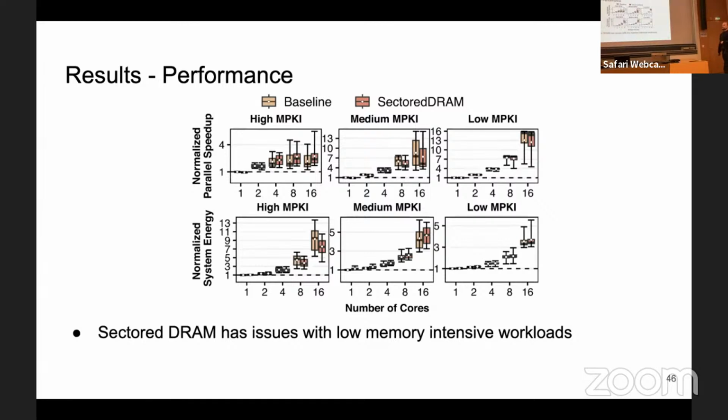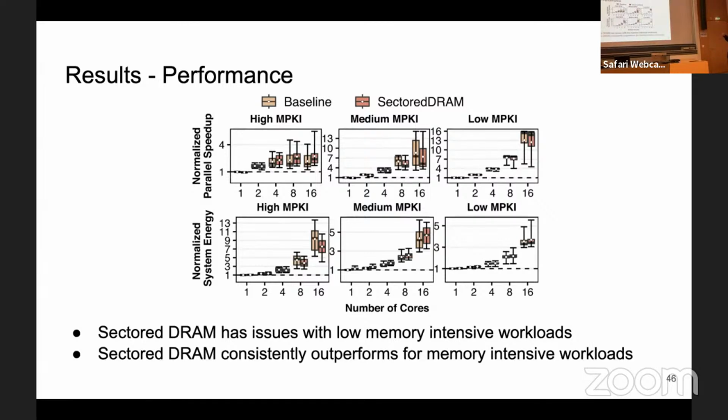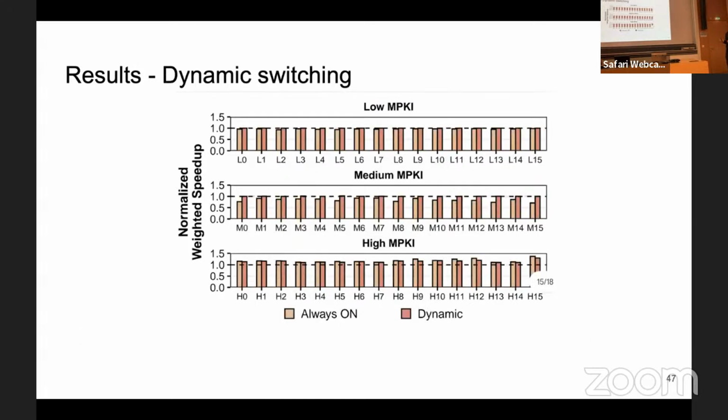So sector DRAM has issues with low memory intensive workloads and consistently outperforms for memory intensive workloads. And this performance gain, or in general, the comparison, tends to get better the more cores we look at. So one thing the authors also implemented to offset this performance decrease for low memory intensity is a strategy they call dynamic switching, in which case, under some conditions, sector DRAM is turned off.